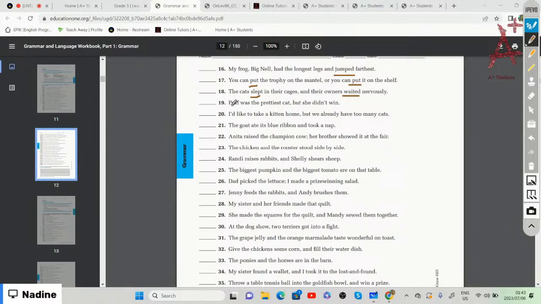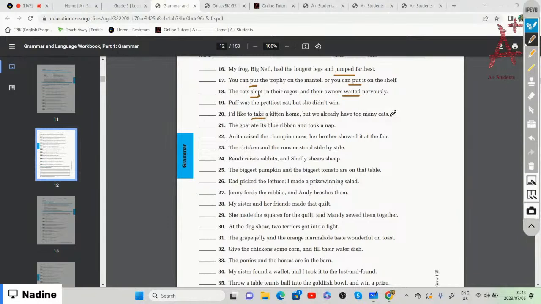We need to choose the verb within that sentence. We are going to say take is our verb.